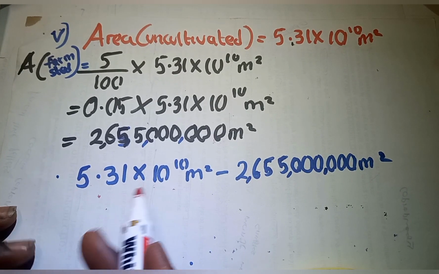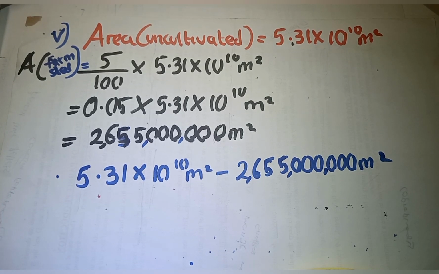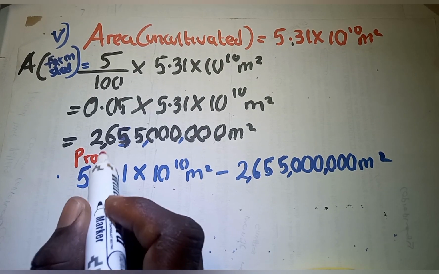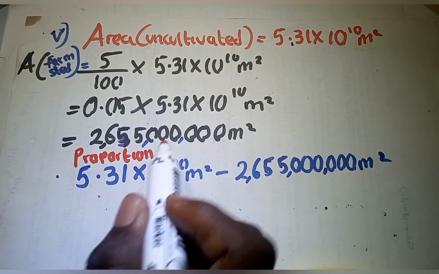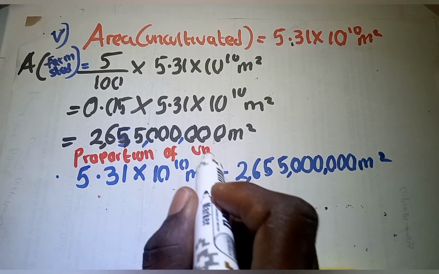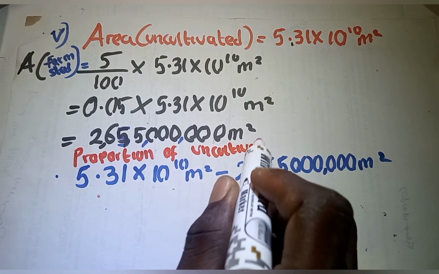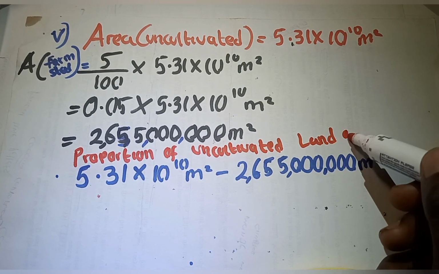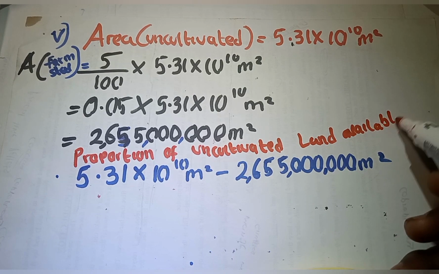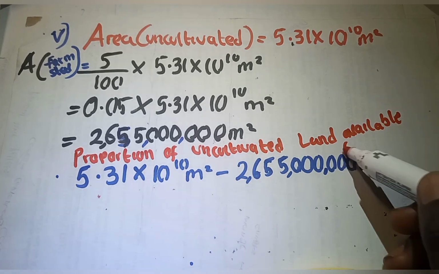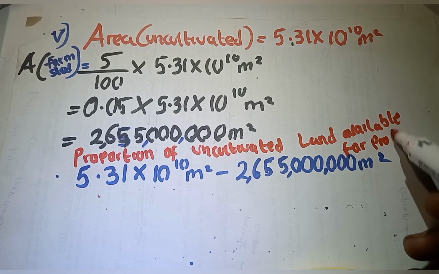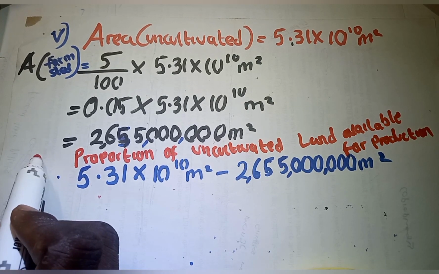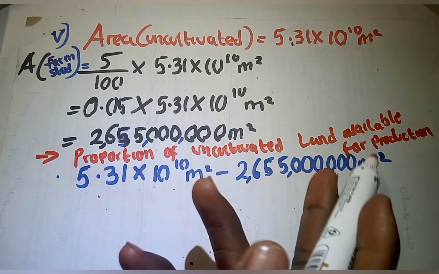Don't forget what I'm calculating. It is the proportion of uncultivated land available for production.